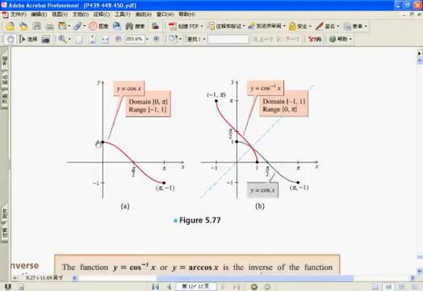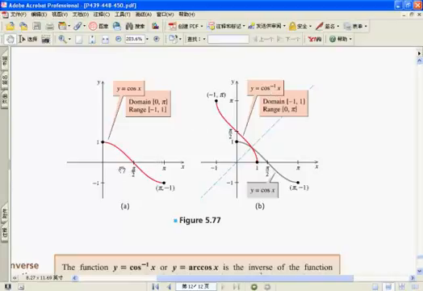Now you look at the graph, this part of the graph of the cosine, and we restrict the cosine function to 0 to pi. Then this restriction is a one-to-one function, and then we can define its inverse function. This inverse function is called the inverse cosine, denoted by inverse cosine of x.